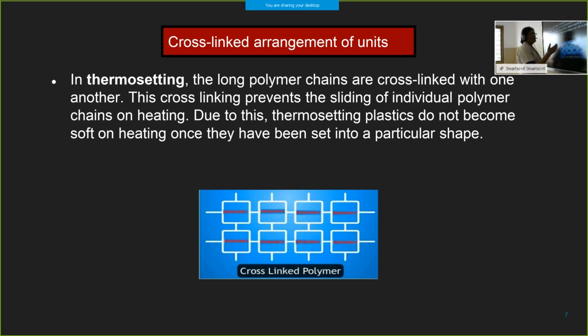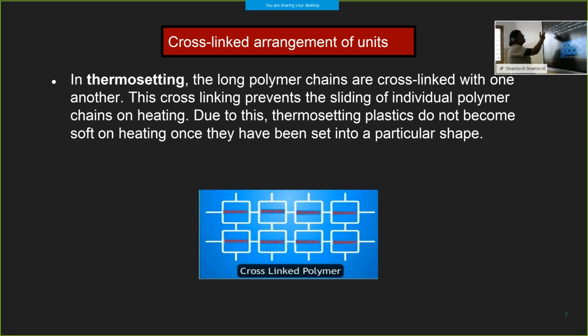In this structure, since it is very intact, they cannot slide one over the other on heating. As a result, it will not melt. Once set, it will not melt the second time. It's mainly because of this cross-linked structure. They cannot move or slide one over the other.